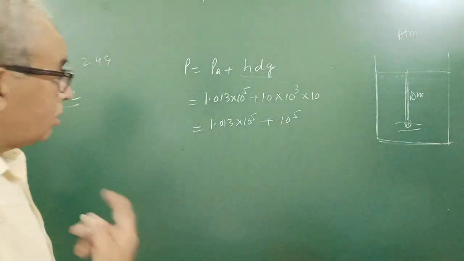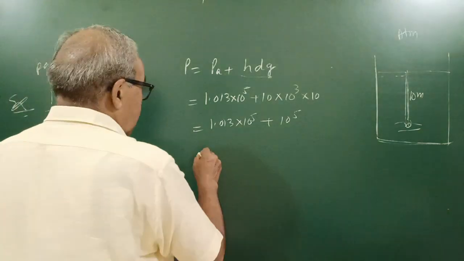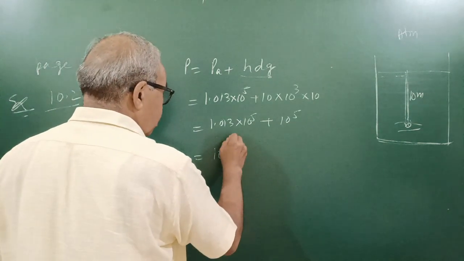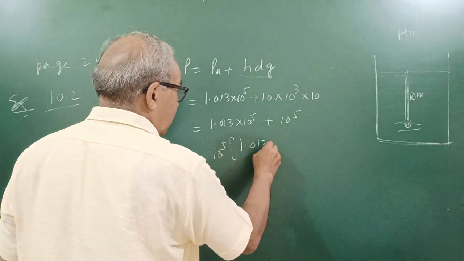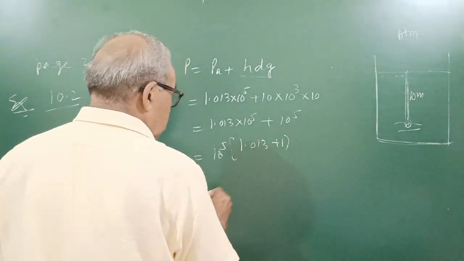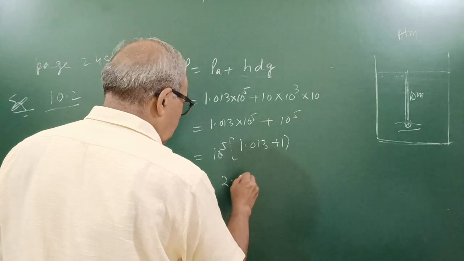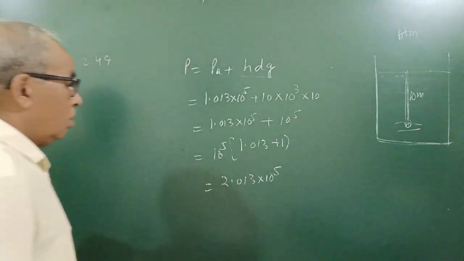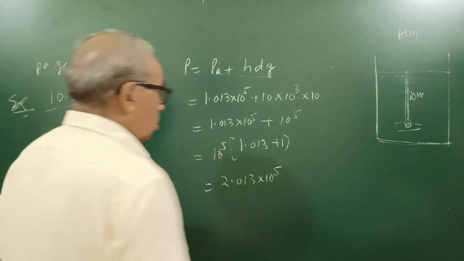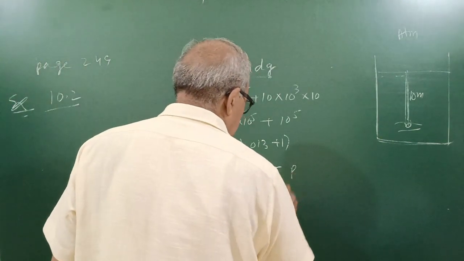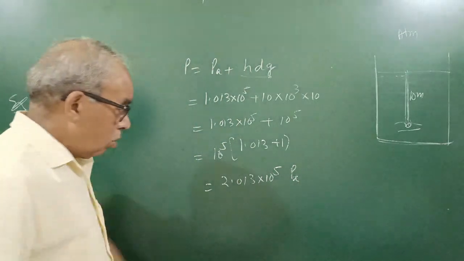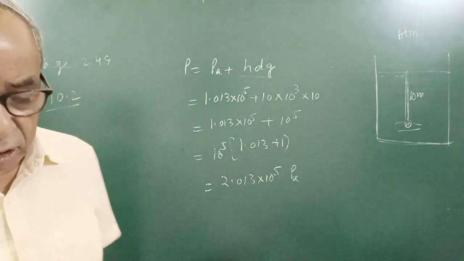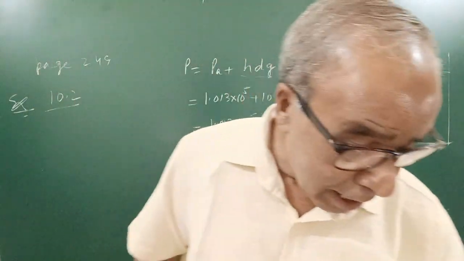How to add this? There is a problem. So you can take 10^5 common: 1.013 plus 1, so it is 2.013 × 10^5 Pascal. This is the pressure on a swimmer 10 meter below the surface of water in a lake.